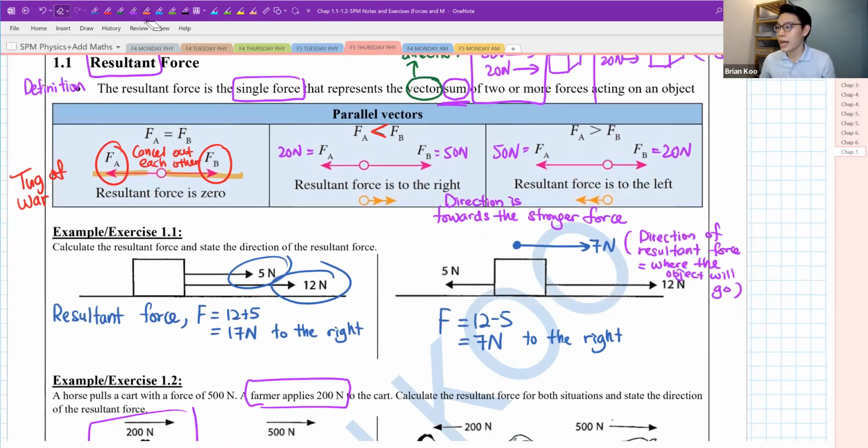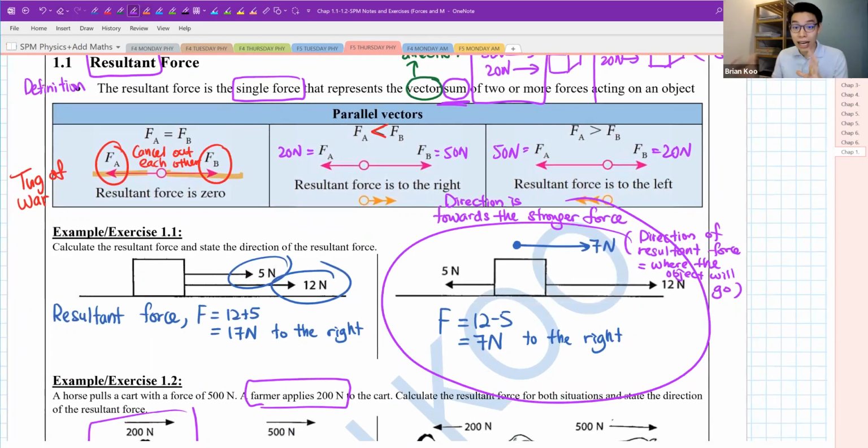Let's say I want to find out the result of one person pulling 12 Newton to the right side, one person pulling 5 Newton to the left side. What will happen? It would be 12 Newton minus 5 Newton because they will cancel out each other.